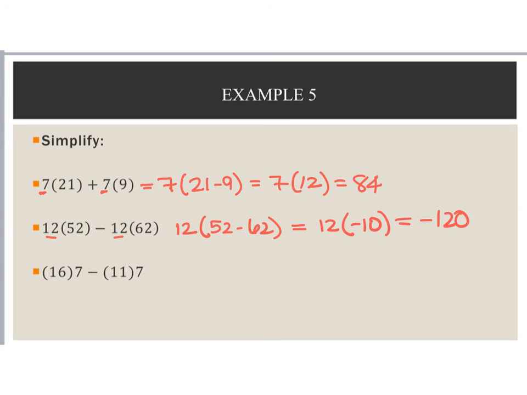And the last one here, both numbers here are being multiplied by a 7. So this is going to give me 7 times 16 minus 11, or 7 times 5, which is 35. So the distributive property just kind of helps simplify things for us.